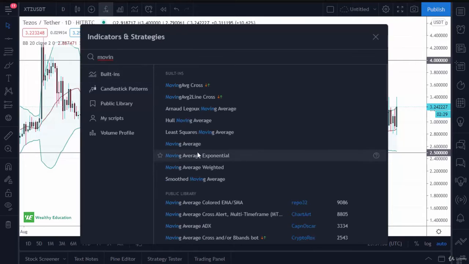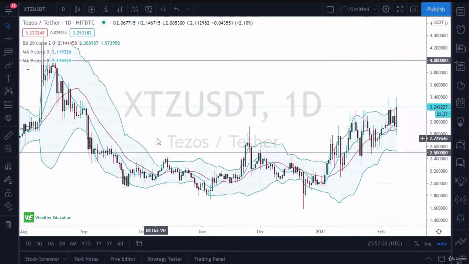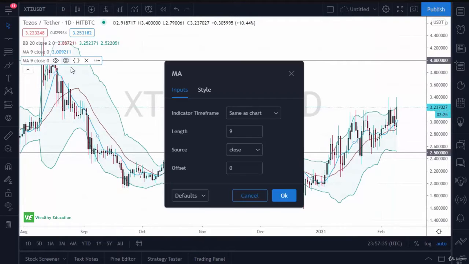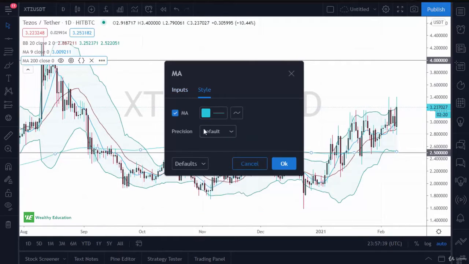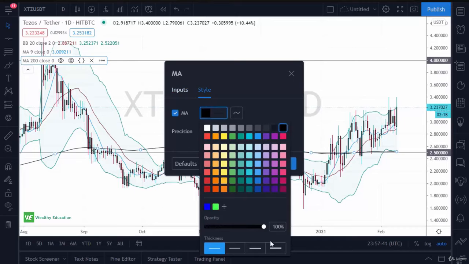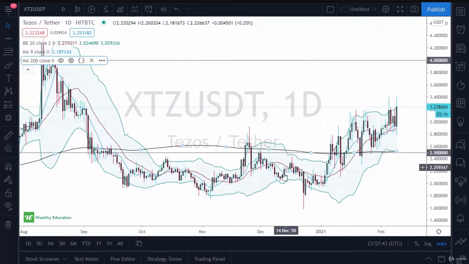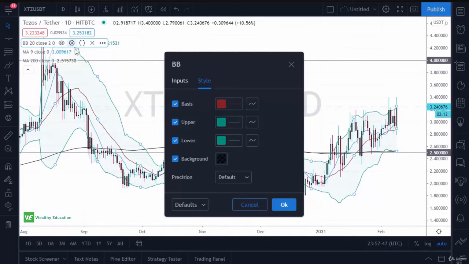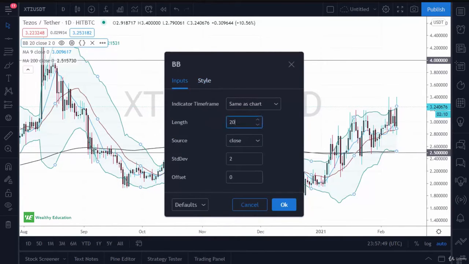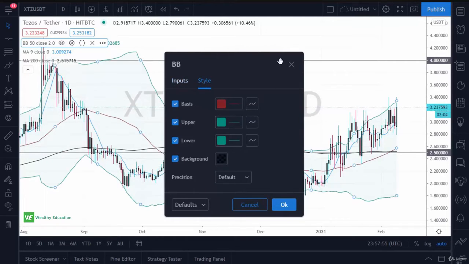Let's do some moving averages. So we'll do the 50 and the 200. Notice that we broke above the 200 very suddenly turned around to fall apart.